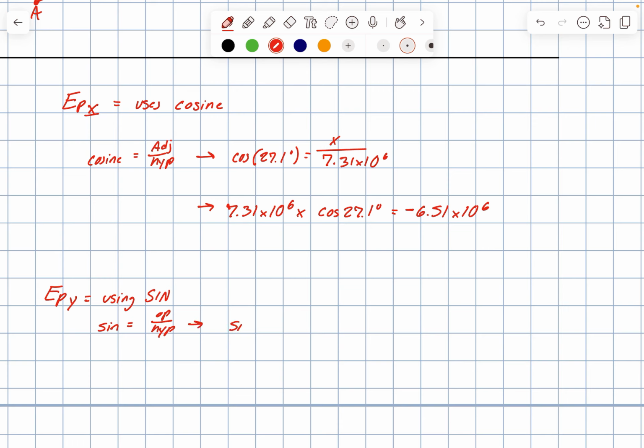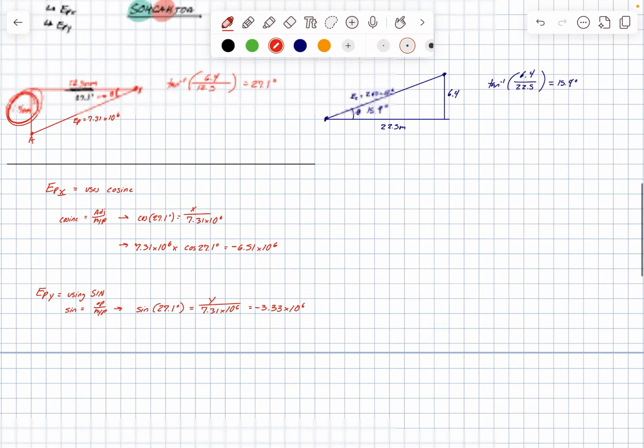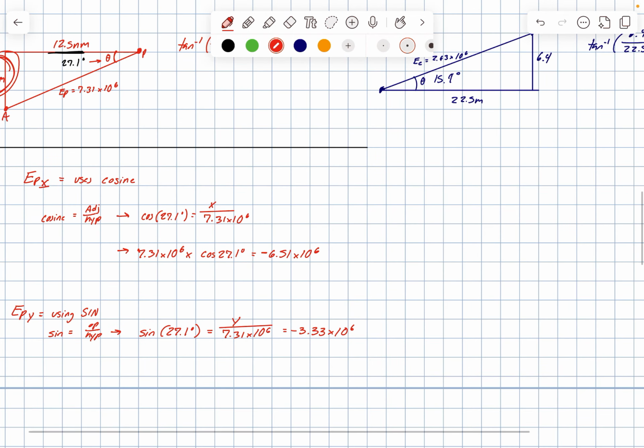So sine of 27.1 degrees is equal to an unknown y electric field over 7.31 times 10 to the 6th, which is our hypotenuse electric field. When you do that, you should get the value of negative 3.33 times 10 to the 6th. So now we've successfully found the x and y components for the electric field of our proton triangle.